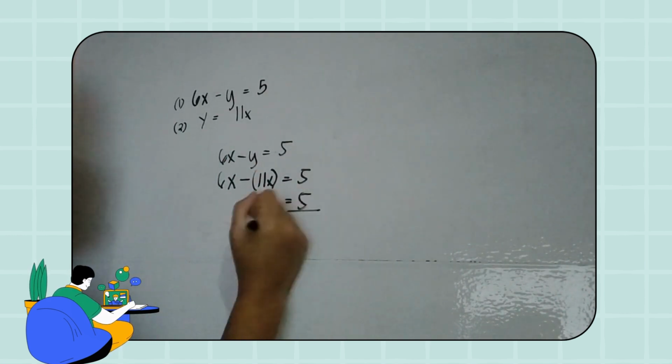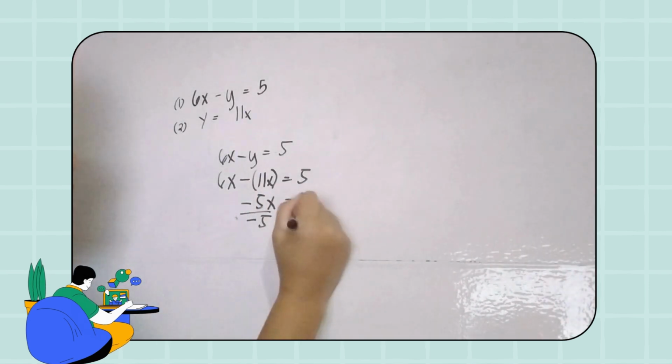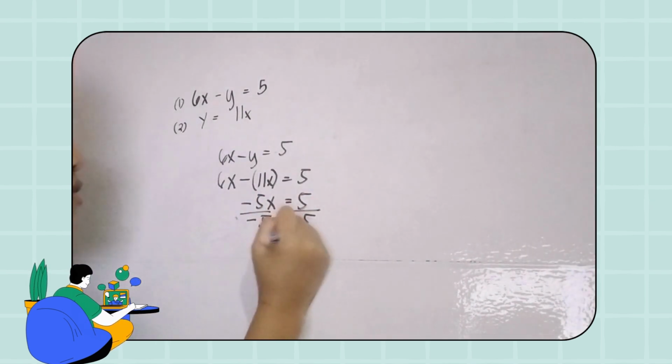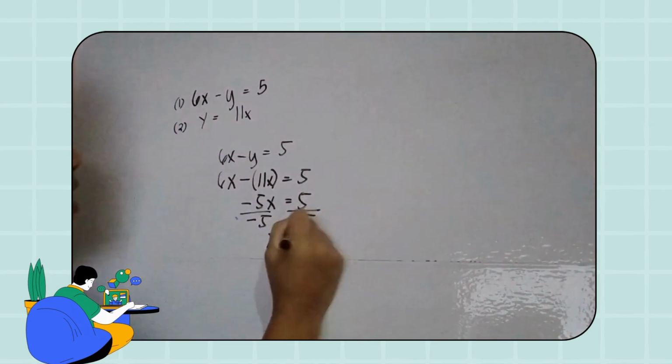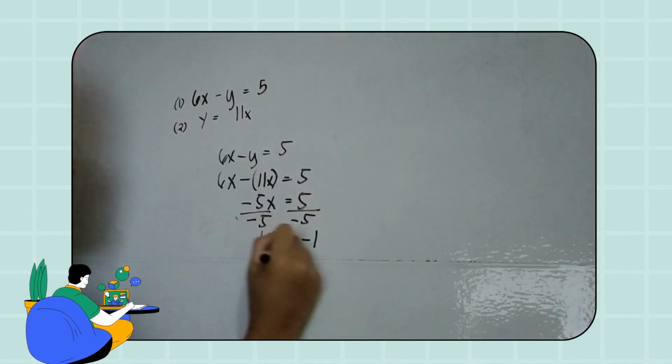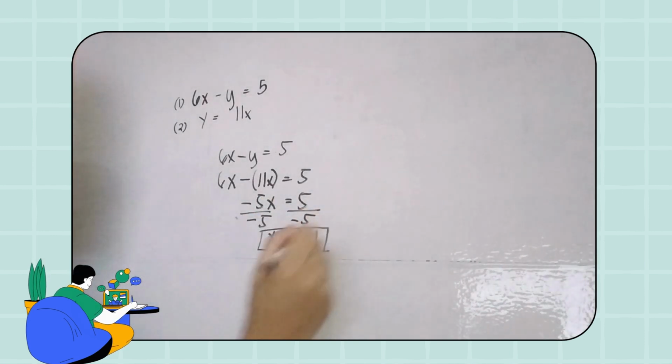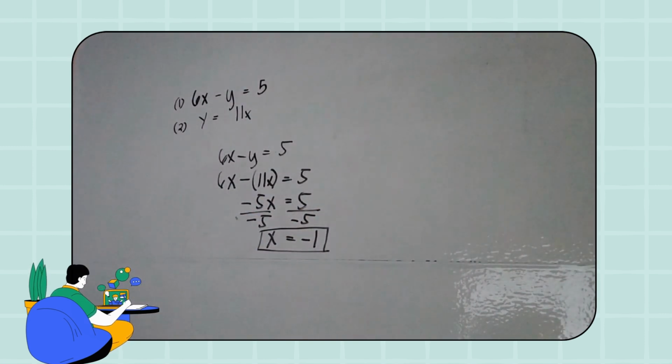Let's divide by negative 5 to be left with only x. So 5 divided by negative 5 is negative 1. That means that our x is negative 1.